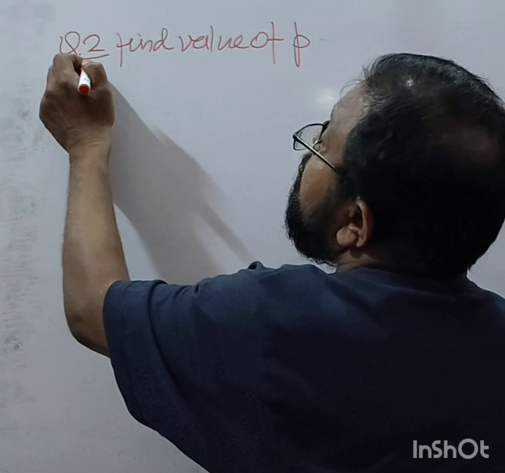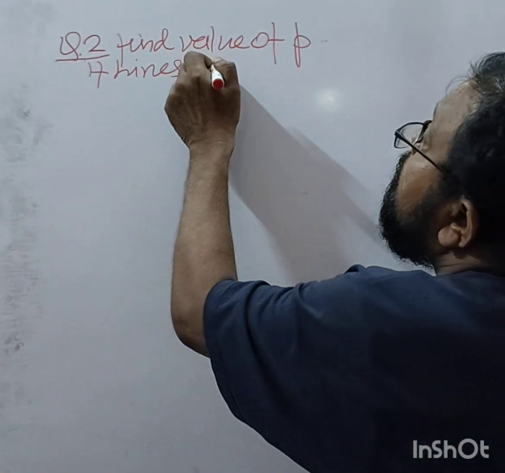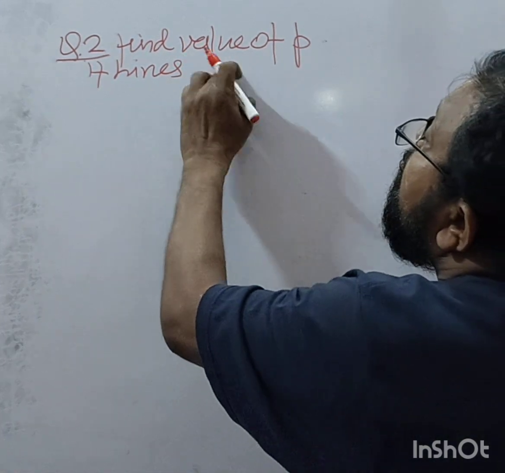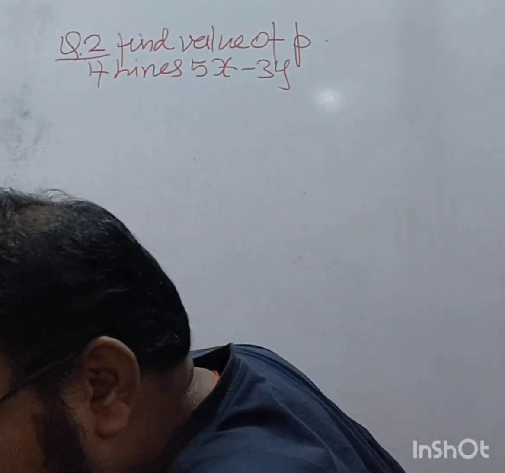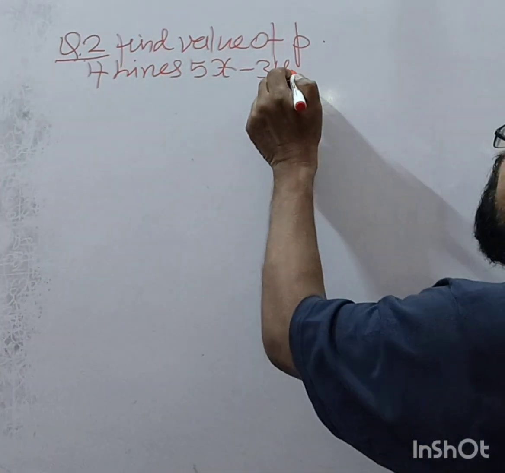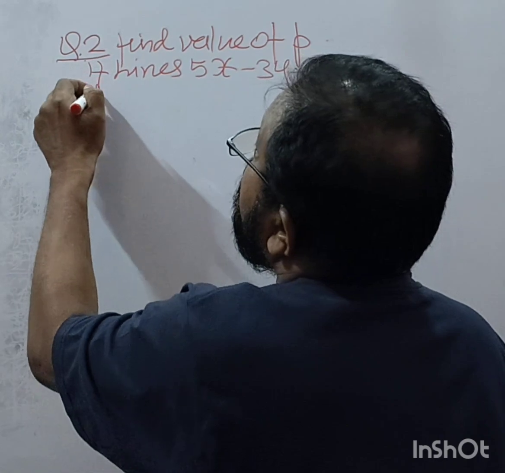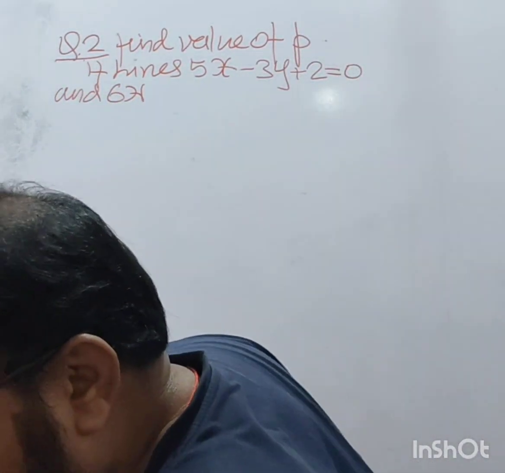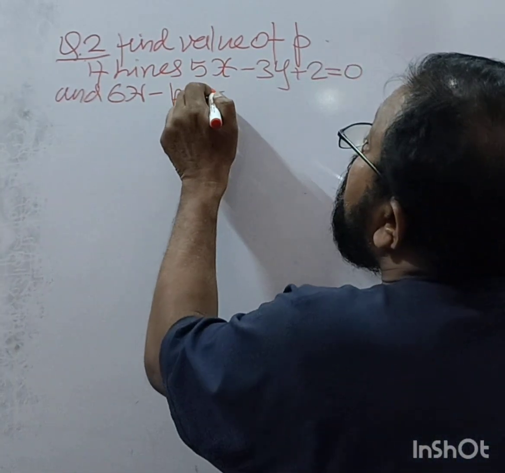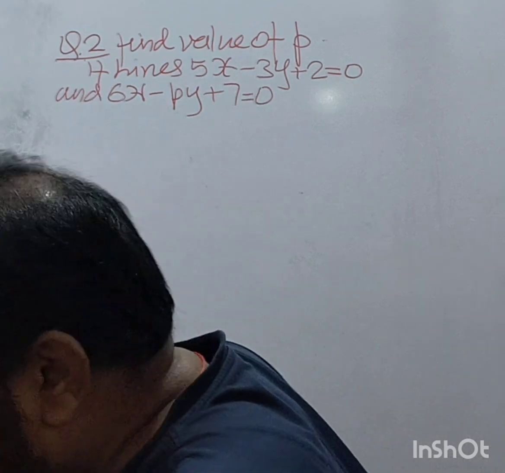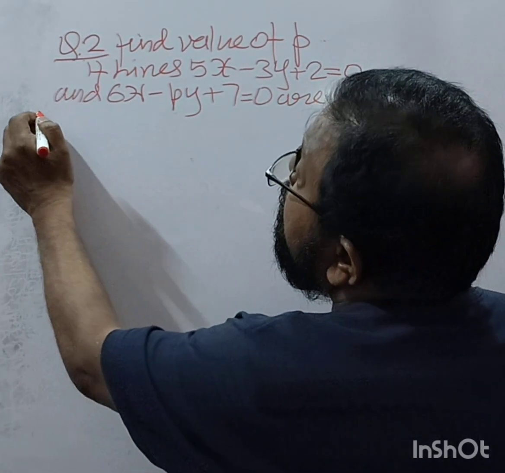If lines 5x minus 3y plus 2 is equal to 0, and 6x minus py plus 7 is equal to 0 are perpendicular to each other.